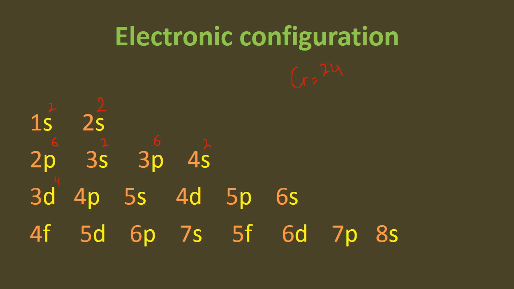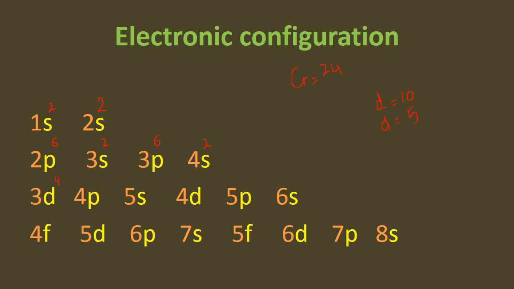Now how is this happening? When we talk about d subshell, always remember d subshell is much more stable when it is fully filled containing 10 electrons, or when it is half filled containing 5 electrons.